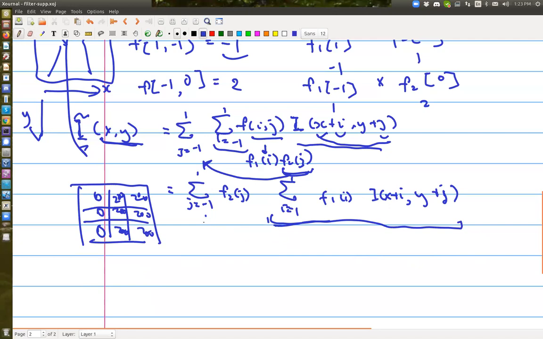So that is actually the same as moving J inside first, then doing the summation on I. But of course, if I move J inside, I will pull out the F1I outside instead.